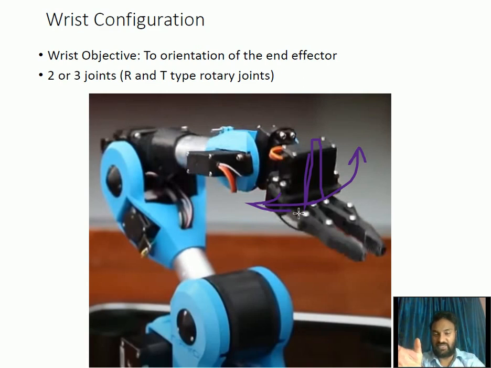In the coming slide we will see this concept of yaw in the wrist configuration. Like I have discussed, this jaw movement is called pitch. This movement is called yaw, and then we will see this movement as roll related to wrist configuration.